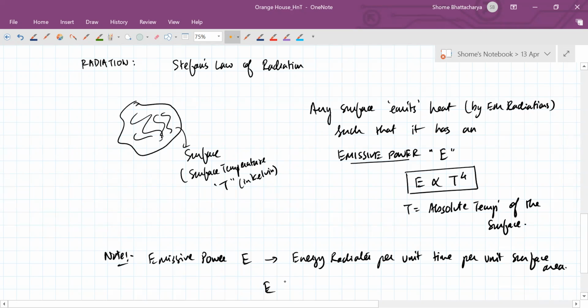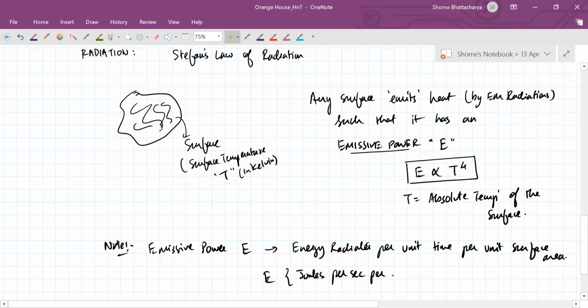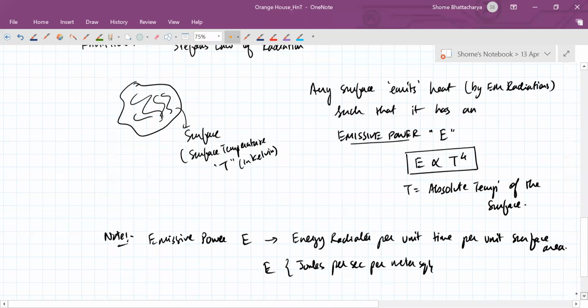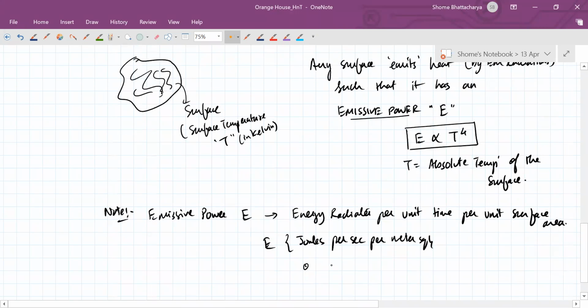So it is expressed in joules, that is energy, per unit time, that is per second, per unit surface area, so that is per meter square. Joule per second is the same thing as watts per meter square, because 1 watt is equal to 1 joule per second.